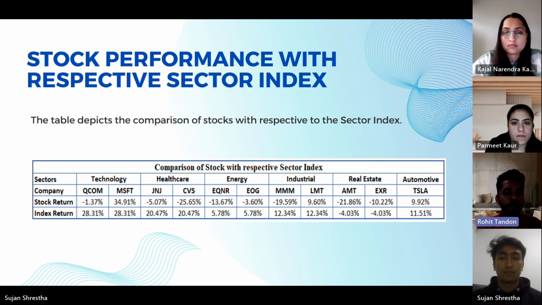In this investment portfolio, Microsoft, Tesla, and Lockheed Martin have a positive correlation with the sector index, whereas other listed stocks are negative because they are at 52-week low prices and there are high chances that these stocks shoot up again. This is all from my side, and now I would like to ask Parmeet to present her part.